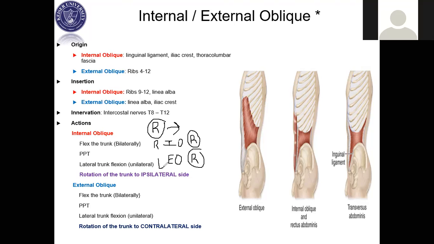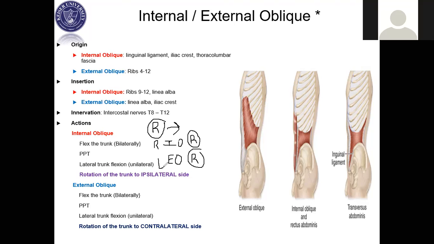Again, internal oblique rotates the trunk to the same side. So if I'm rotating to the right, my right internal oblique will contract.